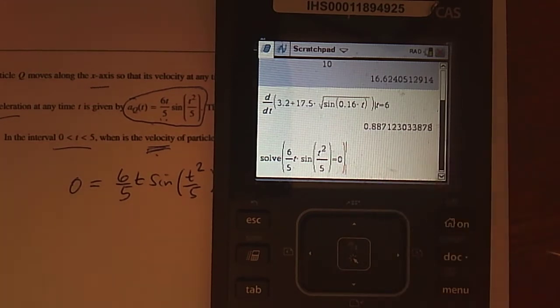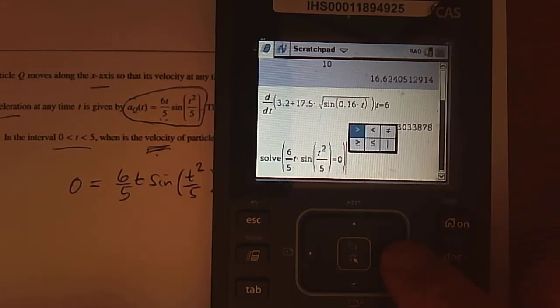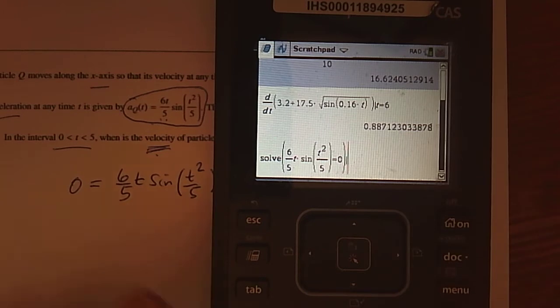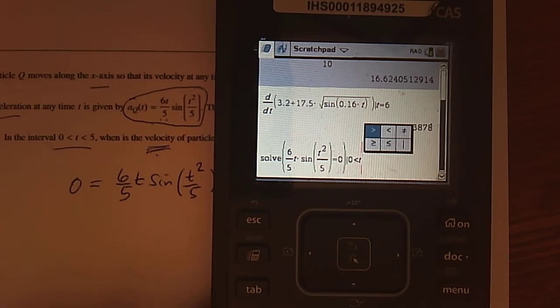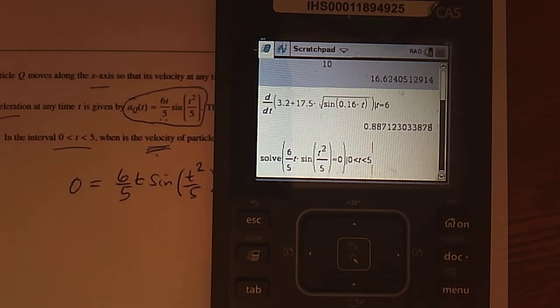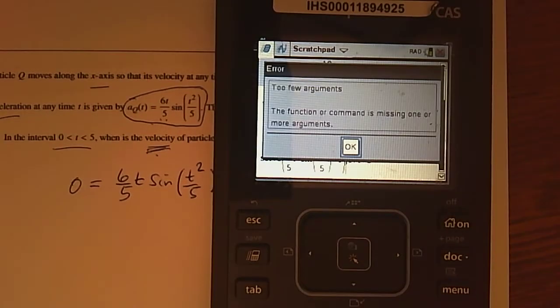Because it's a trig equation, there can be multiple answers here. So we're going to go control equals, we're going to do that vertical line, and we say we only want the answer from 0 to 5. So we're going to go 0, so by typing in the vertical line and from 0 to 5, it will only give me the answer.